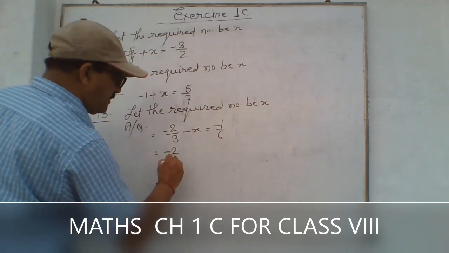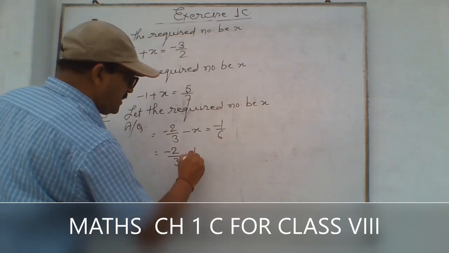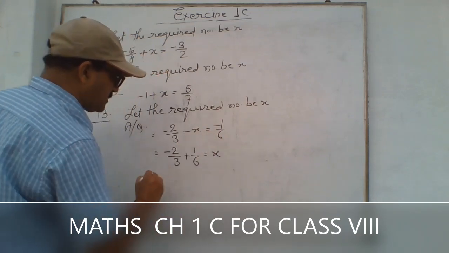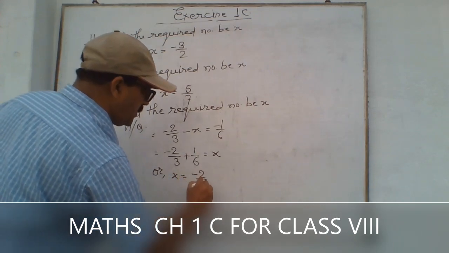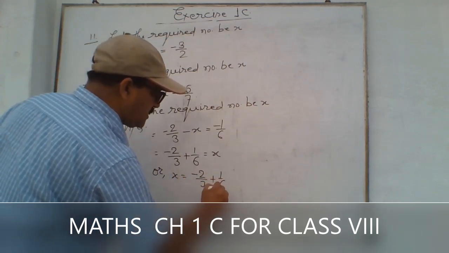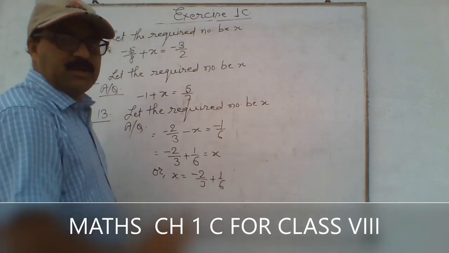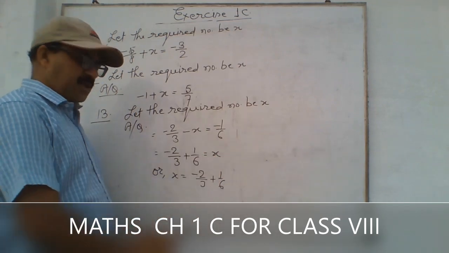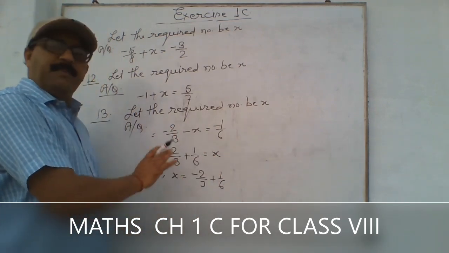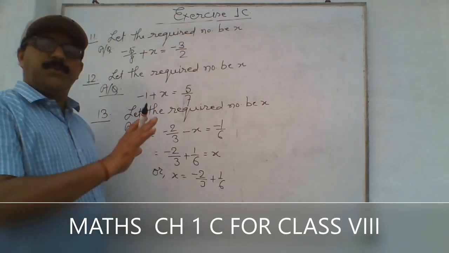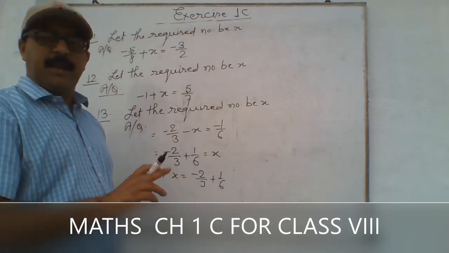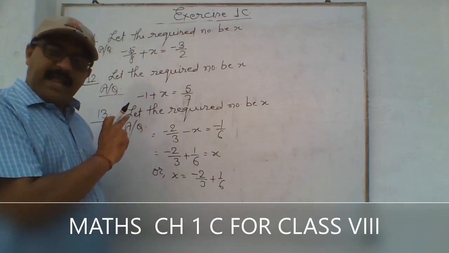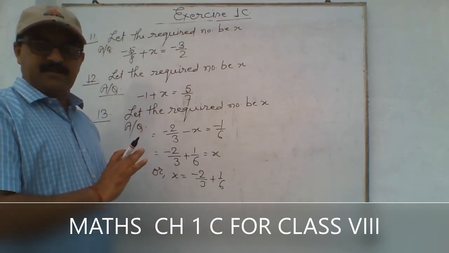Minus 2 by 3 plus 1 by 6 is equal to x, or x is equal to minus 2 by 3 plus 1 by 6. And from here you will do. Hope you try to do it at your own level best. Wherever you have a problem, I will solve all questions, but don't hamper your own creativity. Okay.